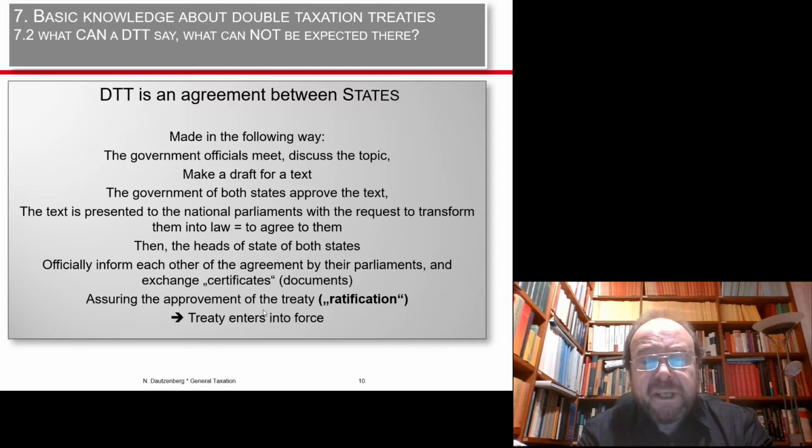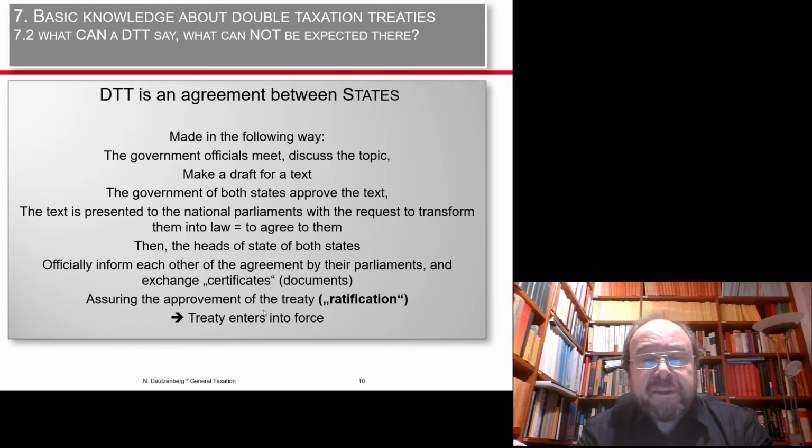Then the experts agree. Then the governments of both states approve the text, say they want to sign it. The text is then presented to the national parliaments with a request to make it into a law and to agree to the contract.